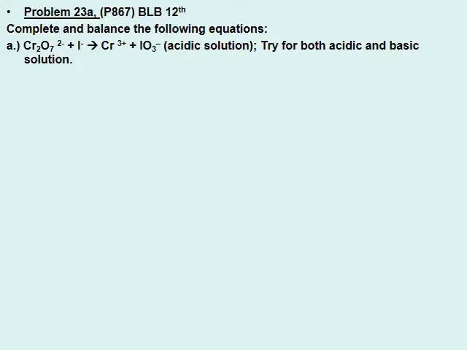Again, just like the previous reaction, we are going to split this reaction into half reactions before I balance it for acidic solution. It would be good practice if you can do it. So Cr2O7 2 minus giving Cr3 plus.